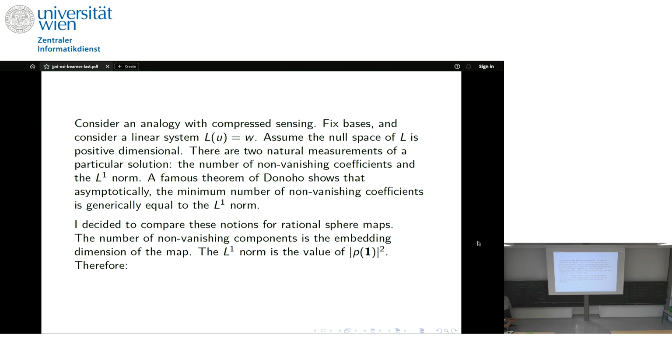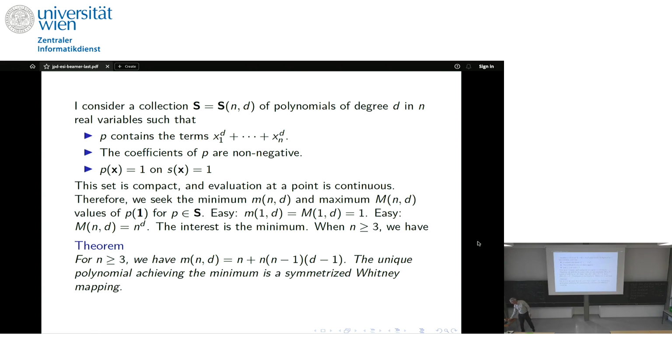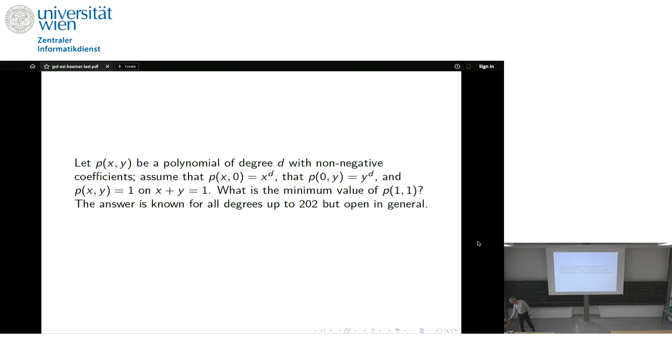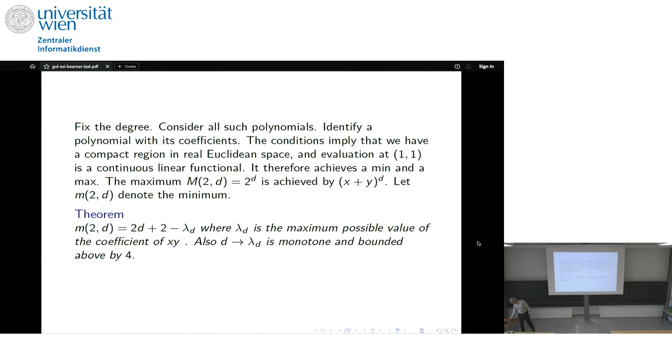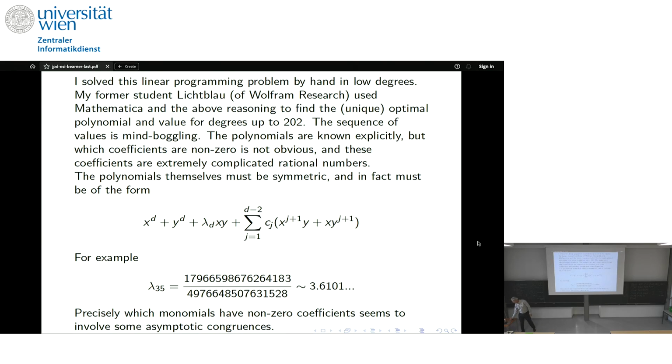I know a huge amount about this problem. For each degree d up to 212, I have an answer. I have a general result about monotonicity, bounds, asymptotics. Anyway, in dimensions other than 2, I know it, but I just get to this slide.